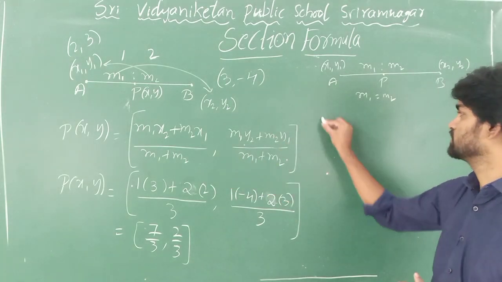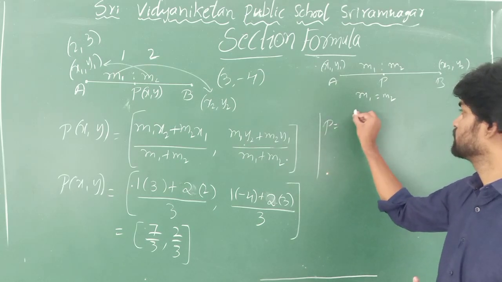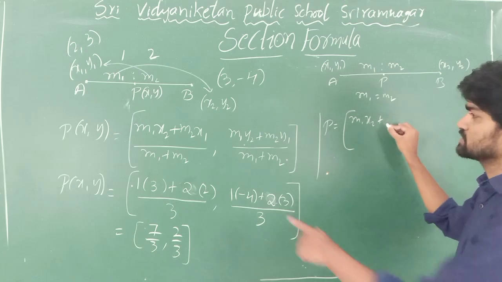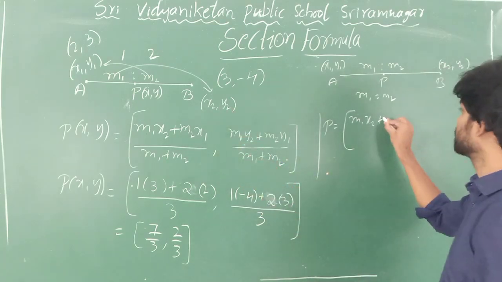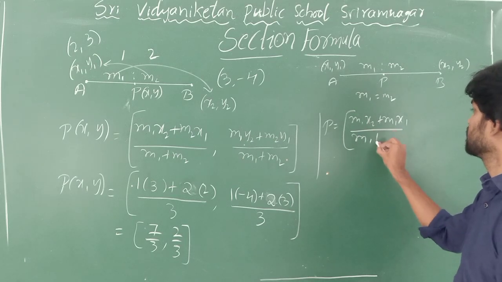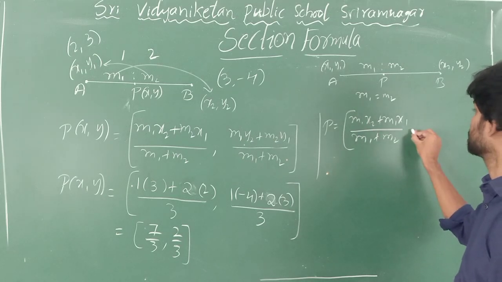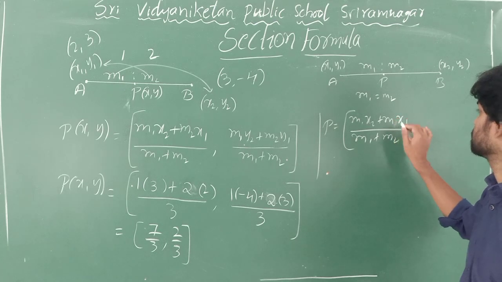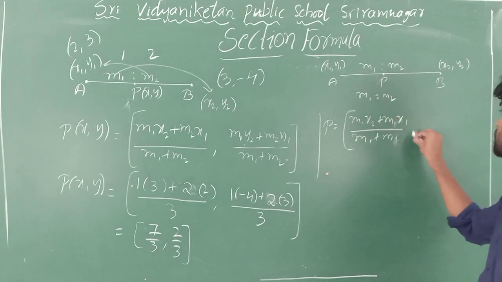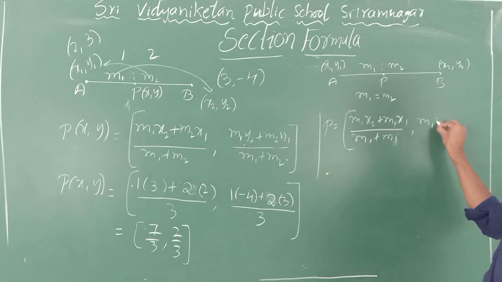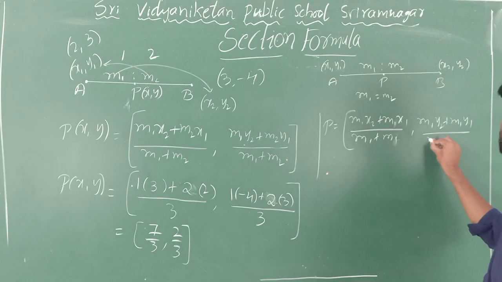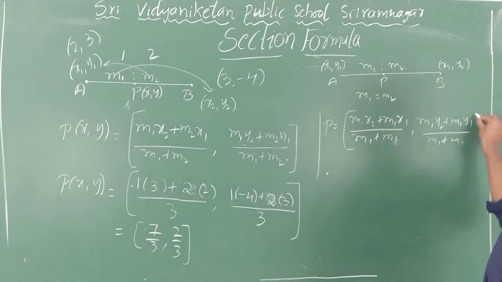If we replace this condition here, what will it become? P equals M1 x2 plus M2, which is also M1, so M1 x1, divided by M1 plus M1.